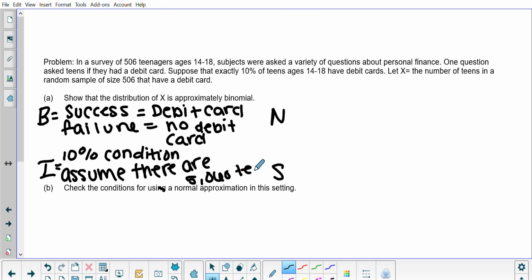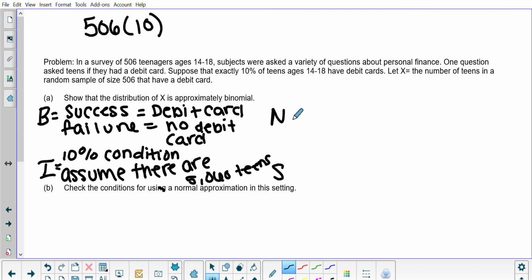And where am I getting that number from? I'm getting this number because I'm going to do 506 times 10. Okay? So we can say that there are probably more than that 5,000 teens. All right? And it's safe to assume this.